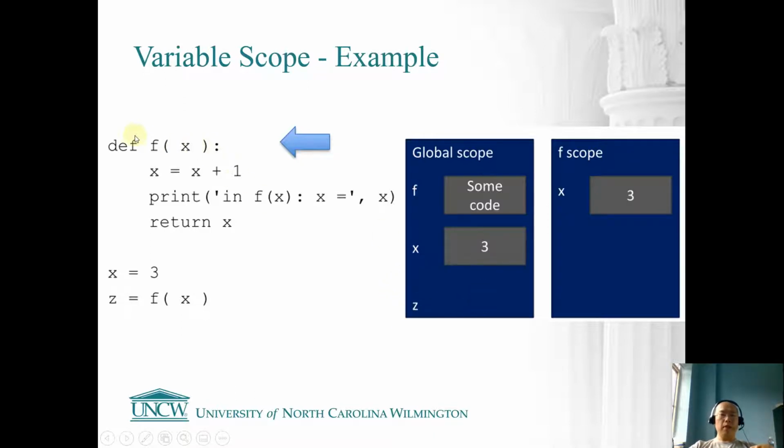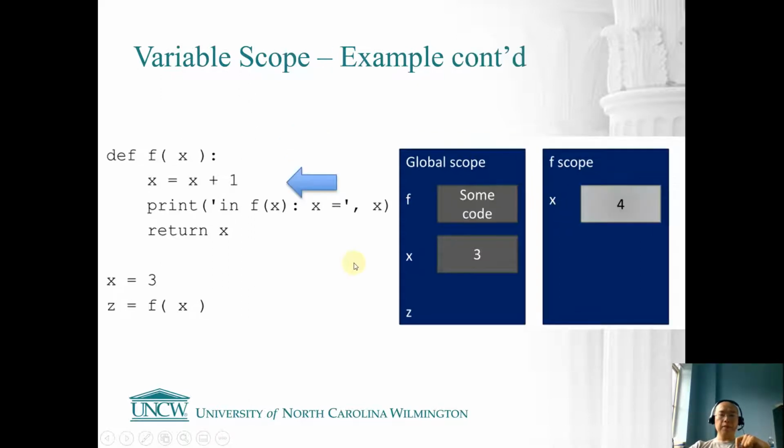And then when this function is called, in the local scope, okay, so this is the local scope, I have another variable named x, and this x is the local variable name, and then x will be 3. And after that, x equals x plus 1, and then x will be 4. Okay, and then let's move on.